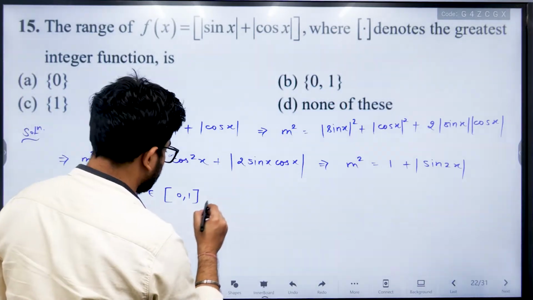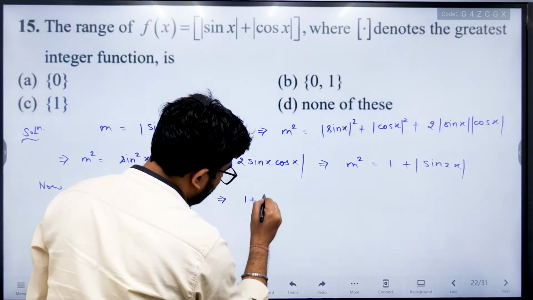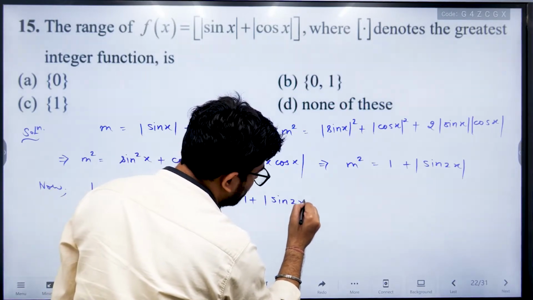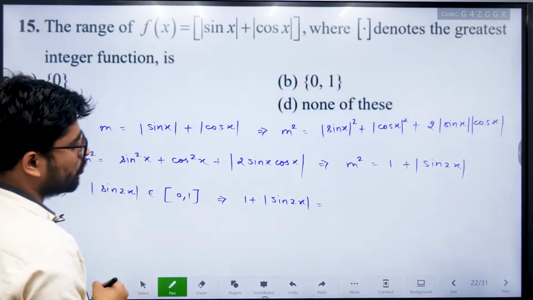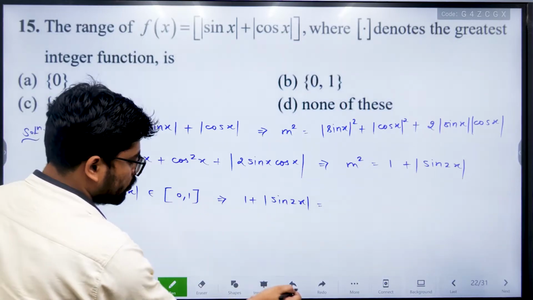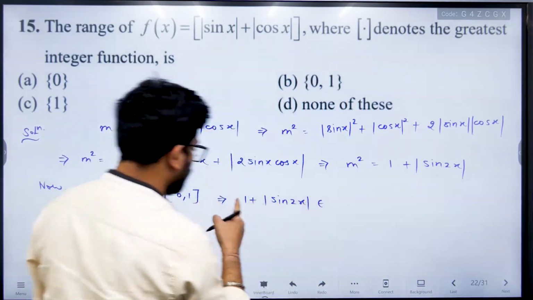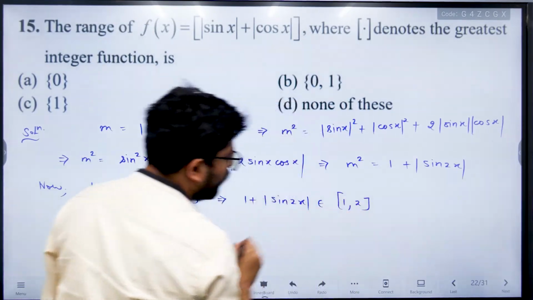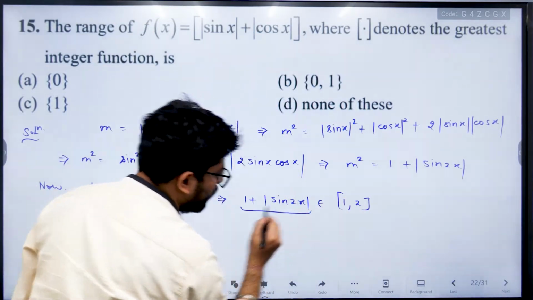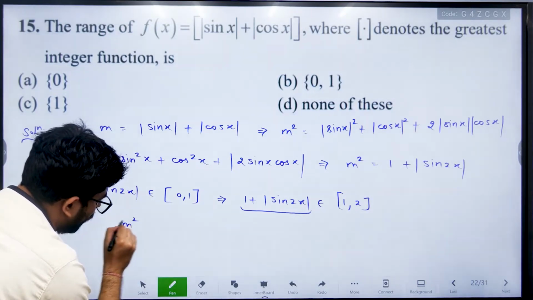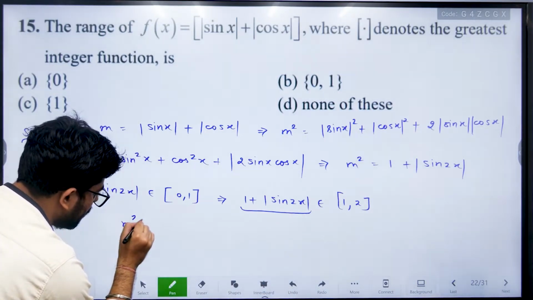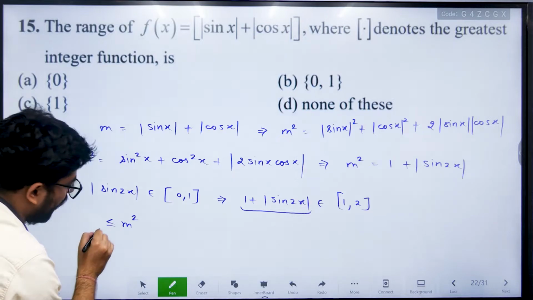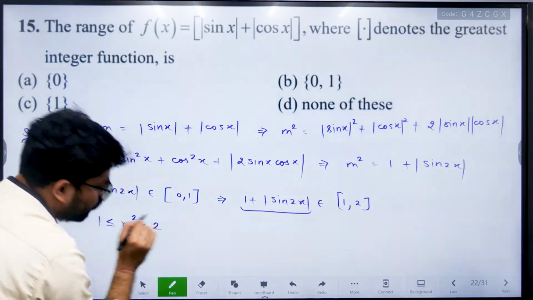So 1 plus mod sin 2x belongs to, if you add 1, 1 to 2. So this thing is m square. So m square is from 1 to 2.